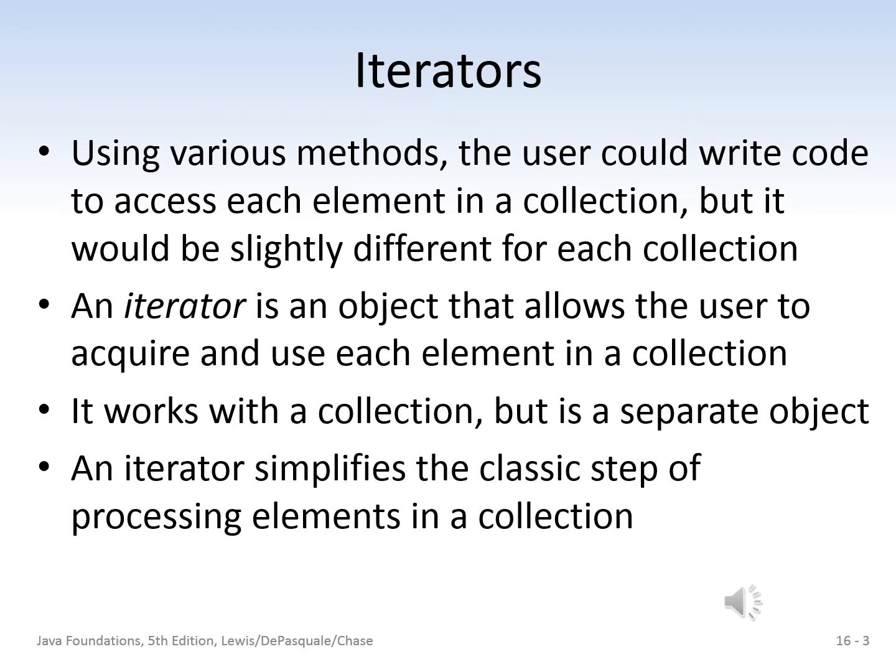An iterator is an object that provides a set of tools for acquiring and using elements in a collection. It works with a collection, but it is a separate object. And so it replaces the need for us to write methods with code that is specifically focused on processing a collection, a list, a queue, a stack of objects, elements.